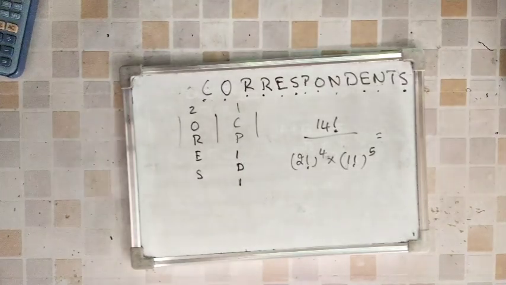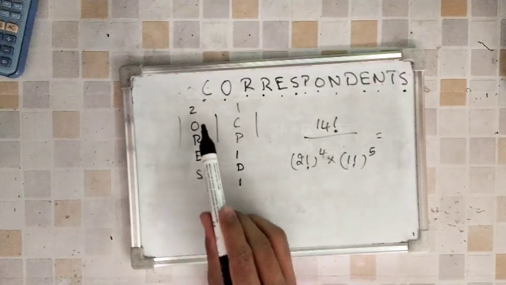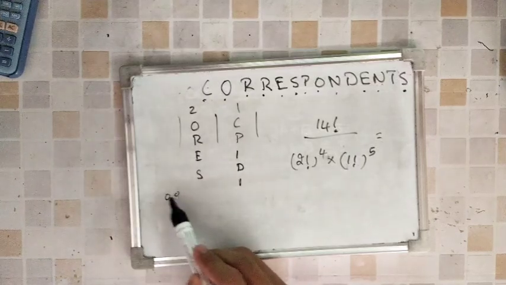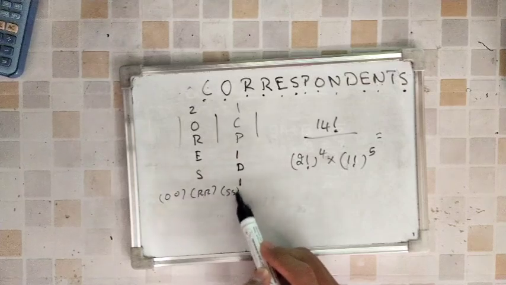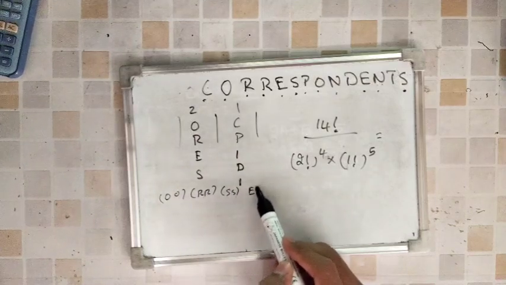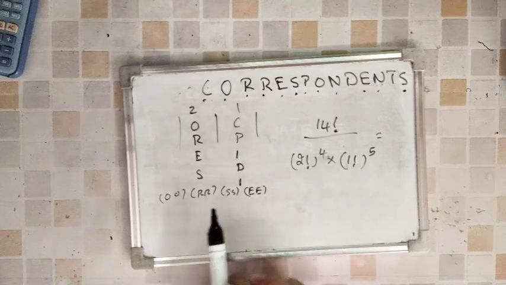Okay. Now I have to find such a way that exactly 2 pairs of 2 consecutive letters are there. Now see here, how many consecutive letters are there? O, 4 pairs are there, R is there, S is there, and E is there. So to get exactly only 2 pairs, what do I have to do?